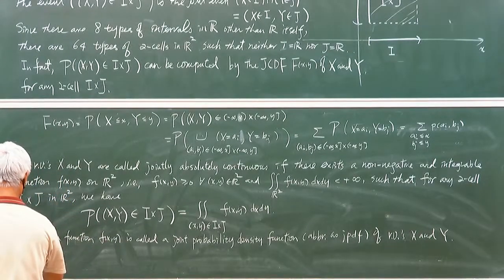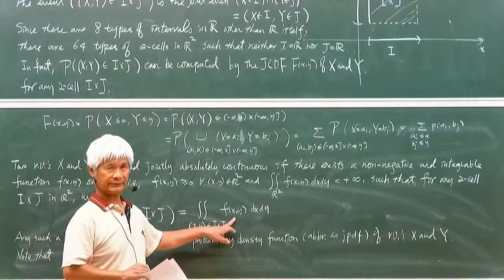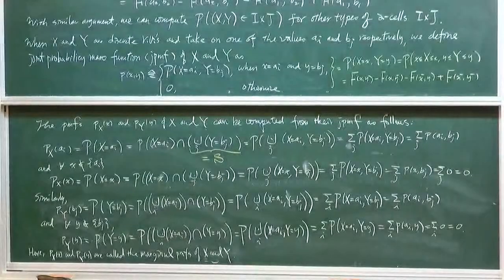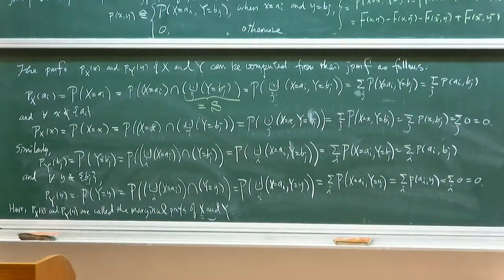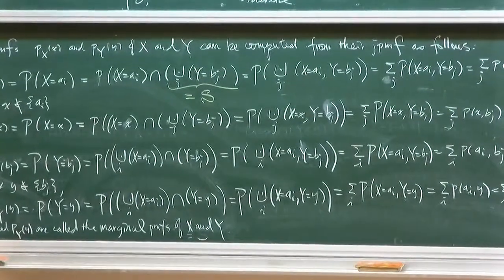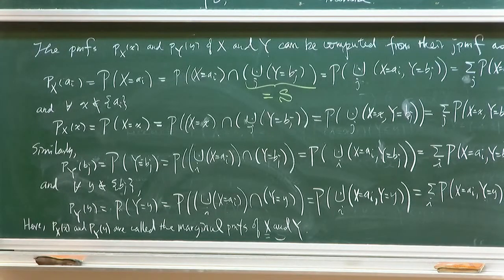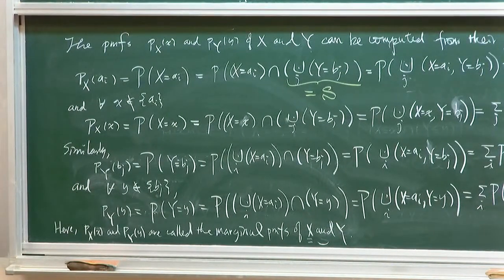And we have to know that since f of x,y is non-negative and integrable over R squared, it is non-negative and integrable over any two cell.